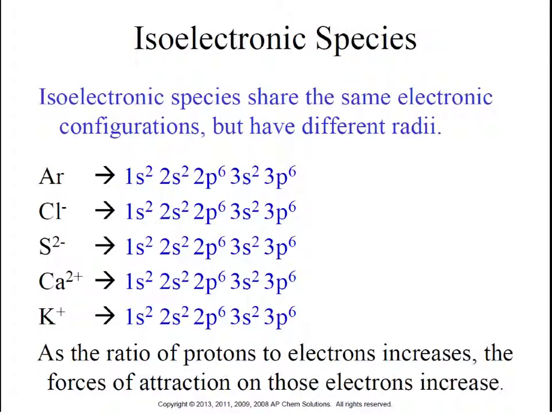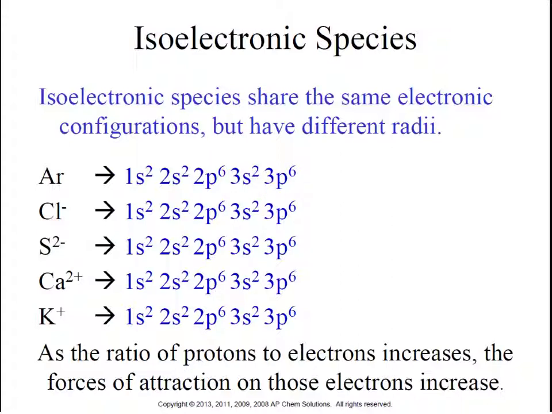So the loss and gain of electrons forms what we call isoelectronic species. Iso is a fancy word for equal. Electronic, think electrons, and species, similar things. So isoelectronic species are things that have the same number of electrons. So argon has 18 electrons total: 1s2, 2s2, 2p6, 3s2, 3p6.